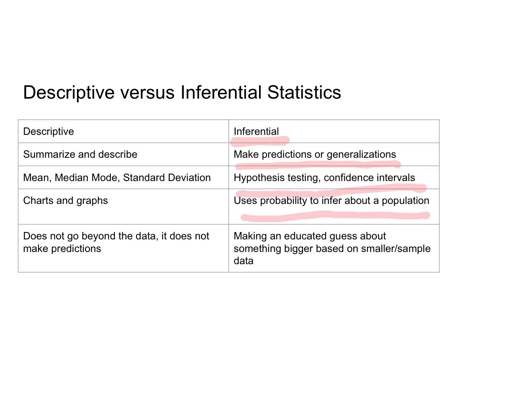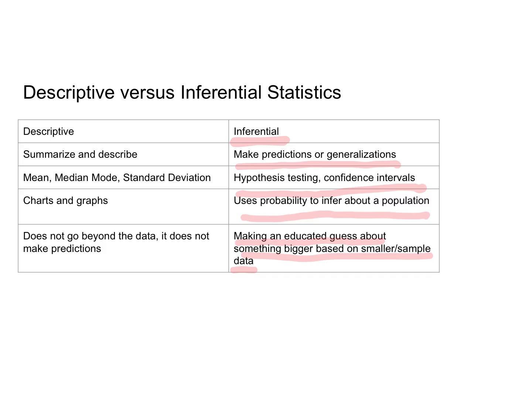a population. Also, for inferential statistics, it makes an educated guess about something bigger based on smaller or sample data. So just remember that if you're comparing and drawing conclusions, that would be considered inferential statistics versus descriptive.